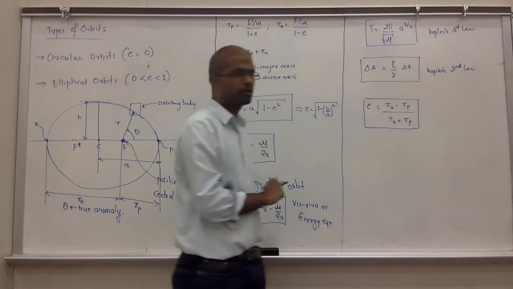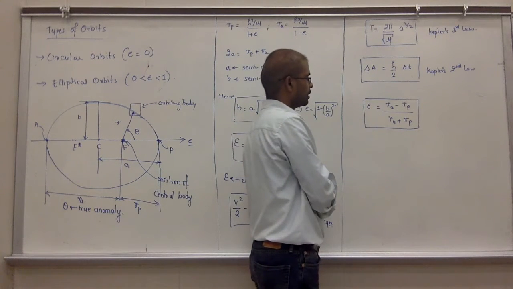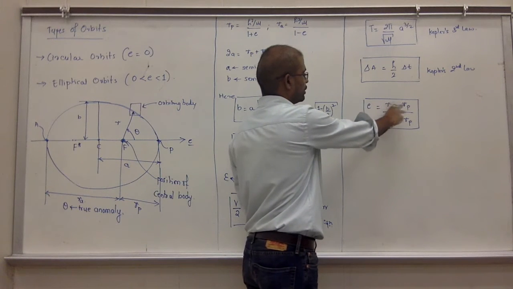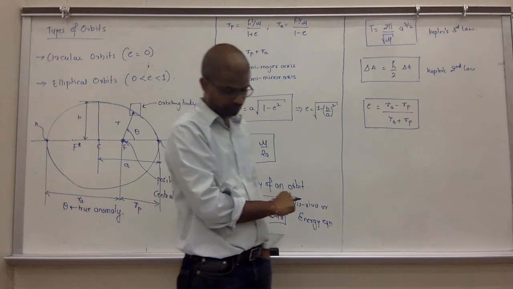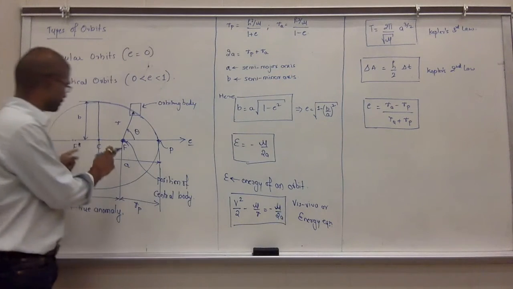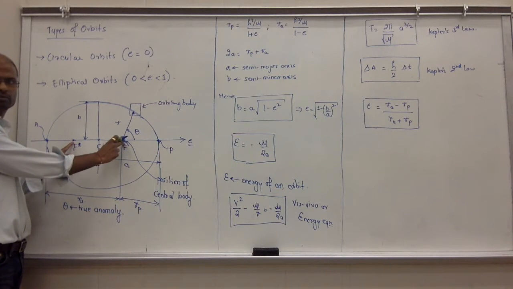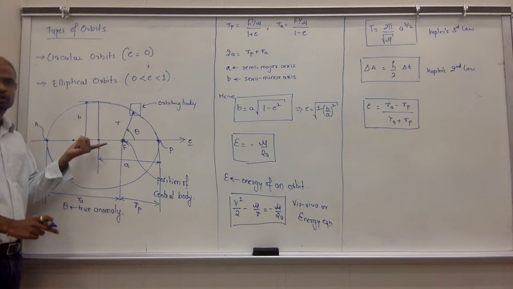This is the other definition of the eccentricity. It's the difference between the foci. This Ra minus Rp is actually this distance, the distance between the foci.